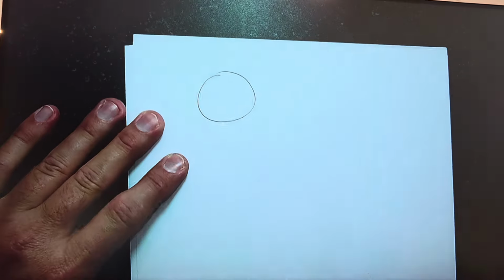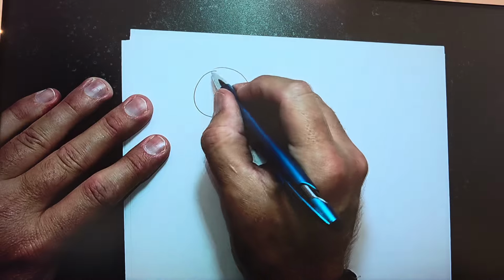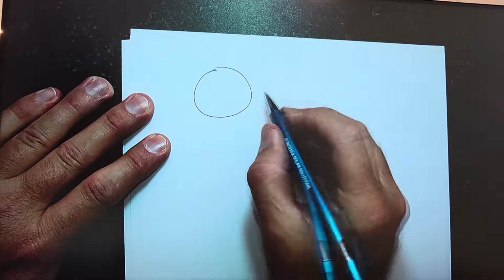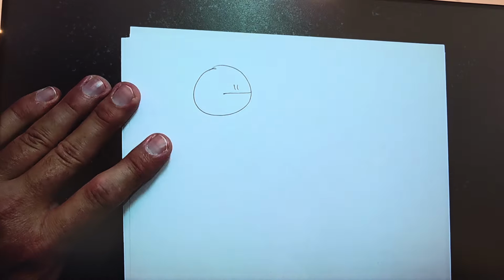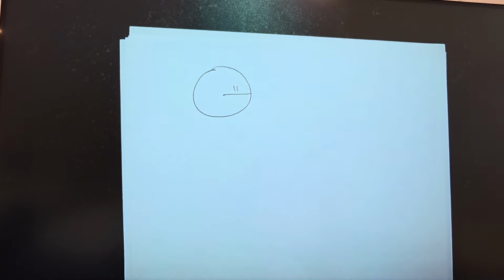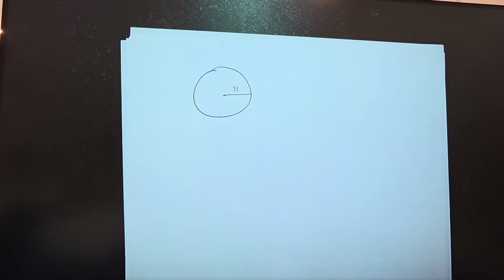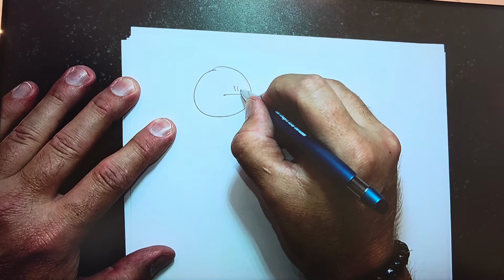Let's say I got a circle. I'm telling you that's a pretty good circle for me. It's got a little cowlick, but it's going to be okay. Let's say the radius is 11. 11 meters, just to step outside of our country for a second.